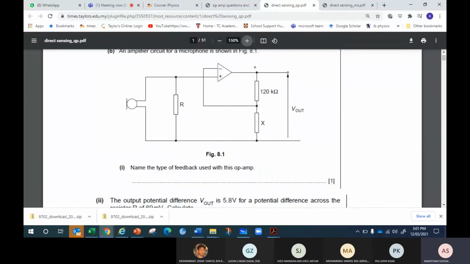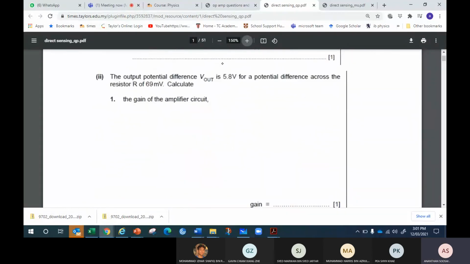What is negative feedback? A fraction or all of the output is channeled back to the inverting input. That's called negative feedback. Okay, next.